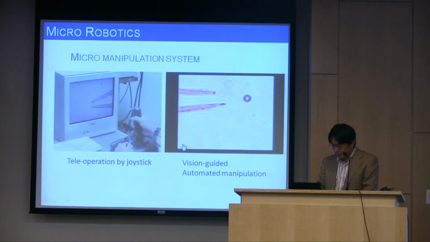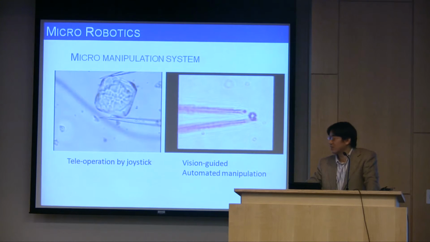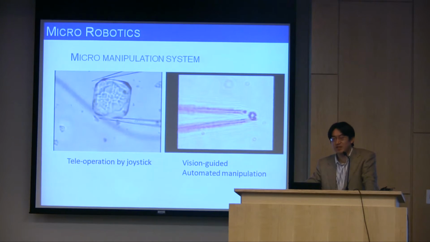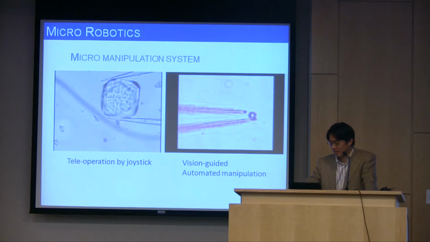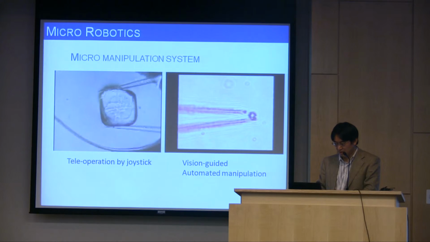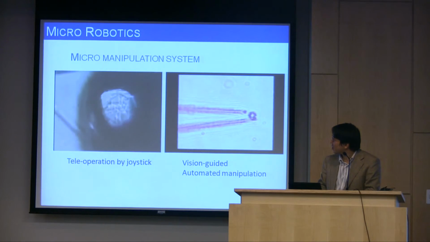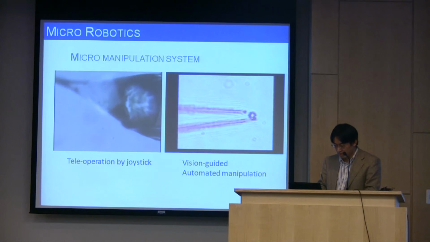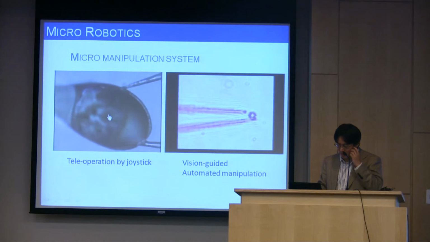The right movie is by using a vision technique: the target is automatically detected, and the manipulator finds it and grasps it automatically. The left hand is, I think, a crystal of some kind, I forgot.